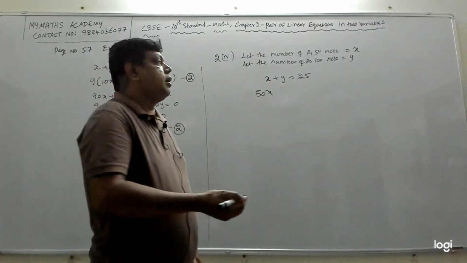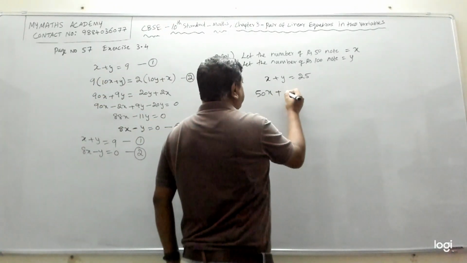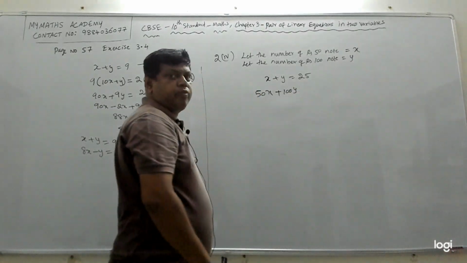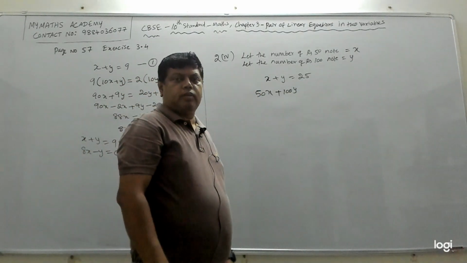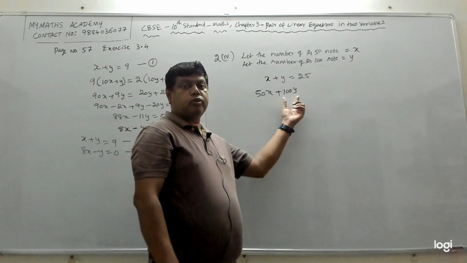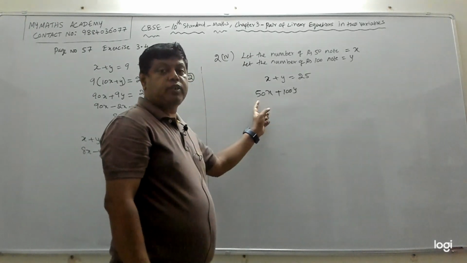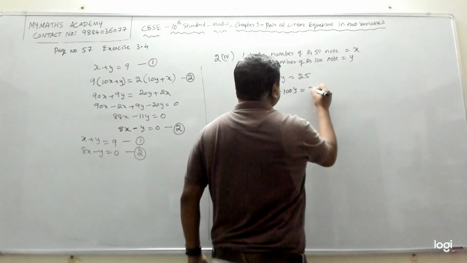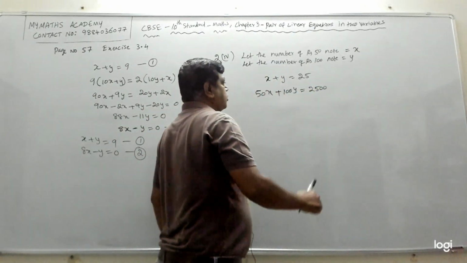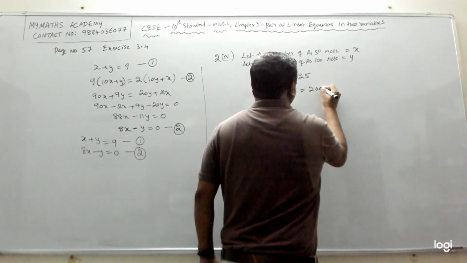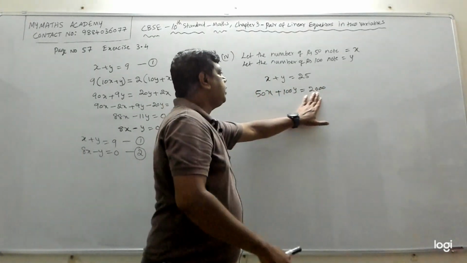50 into x, plus 100 rupees. How many notes she has? y. So she has y 100 rupees notes, so the total money she has will be 100y. The total of these two is equal to the money that she withdrew, which is 2000. Sorry, 2000, not 2500. She withdrew only 2000 rupees.